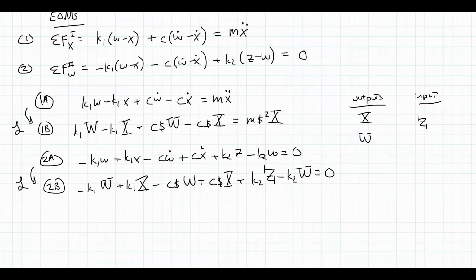It was in the free body diagram step where it mattered and made a difference, was it coming from a force or from a displacement. Counting our outputs, x and w is 2, and between equations 1b and 2b, we are going to be able to get our desired transfer function. 2 outputs, 2 equations, 1b and 2b, for our 1 input of z.